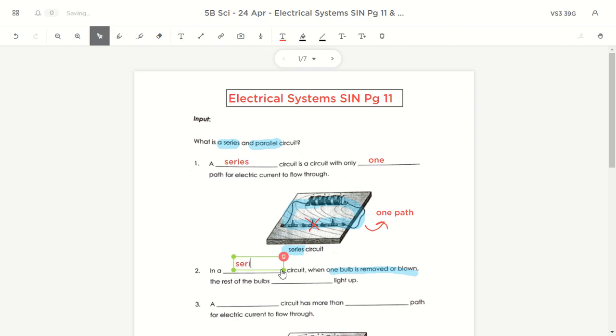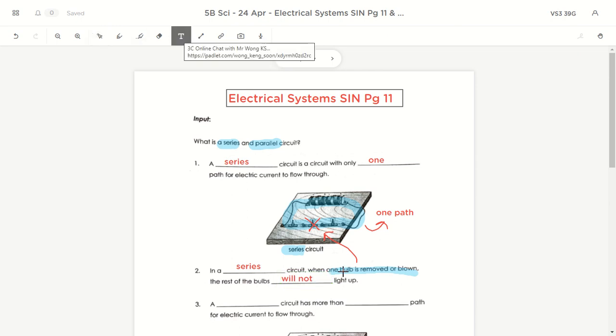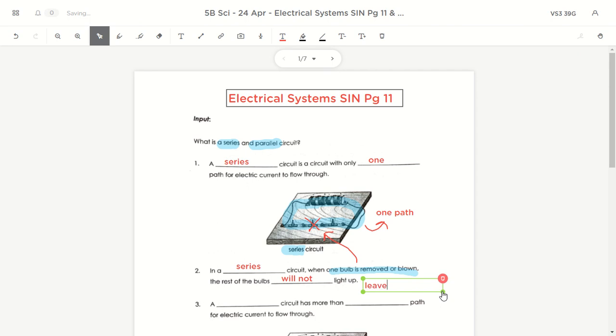So in a series circuit, referring to the one on top as well, when one bulb is removed or blown, for example in this case, the rest of the bulbs will not light up, because there will be an open circuit. Okay, so the reason why the rest of the bulbs will not light up when one bulb is blown or taken away is because it will leave an open circuit, and we know open circuit electric current cannot flow through.